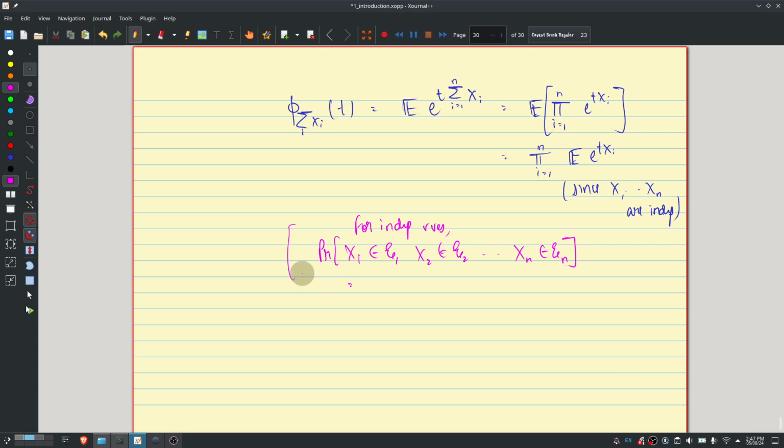The random variables are independent if this happens for every single E1, E2, E3 up to En, right?